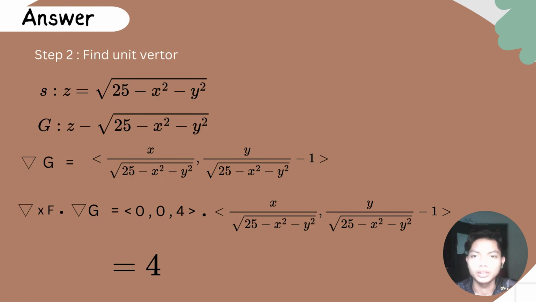Okay, step 2 is to find the unit normal vector. First, we find g by using the z equation, then del g, and we use the value of del cross F dot with del g, and we will get the value of 4.